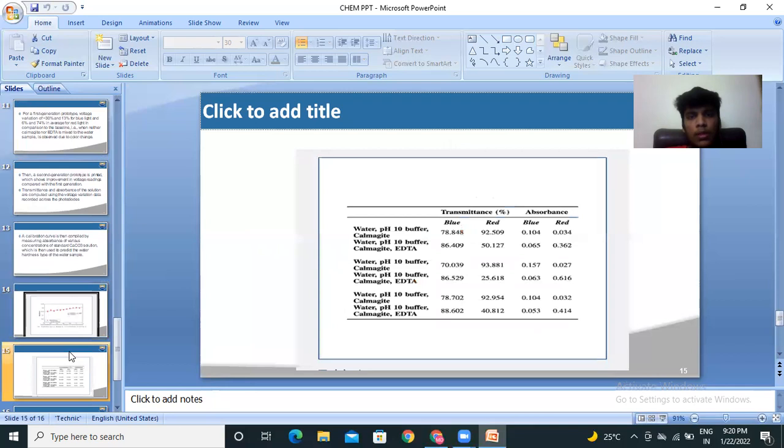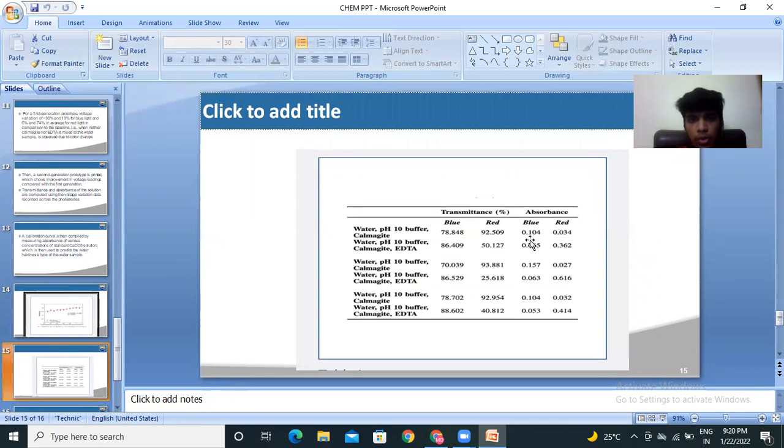Now this is a table showing the blue and red percentages when calmagite is added to the solution of magnesium and calcium, and when EDTA is added, along with the transmittance percentage and the absorbance.